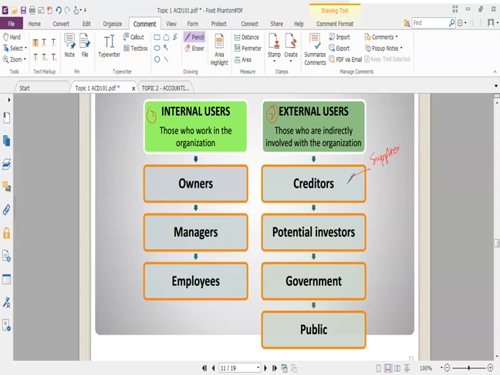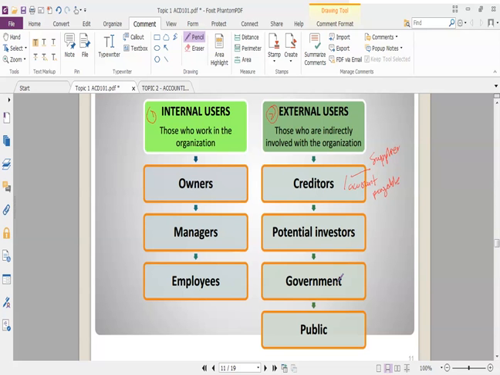We call them creditors, or in accounting, account payable. Then potential investors, the people with a lot of money who always look for a potential business to invest in.